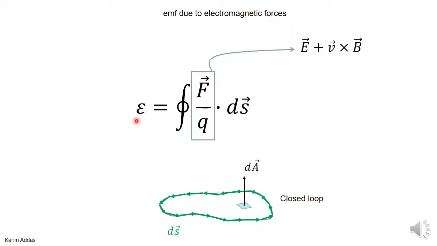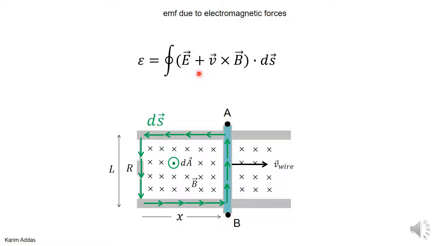The definition of EMF is that you go around the closed loop and integrate the work per unit charge, so it's the integral of F dot ds over Q. Now F over Q has two parts, E and V cross B, so we can substitute that. We get the integral of E plus V cross B dot ds. This is the general definition of EMF due to the electromagnetic forces in the problem.